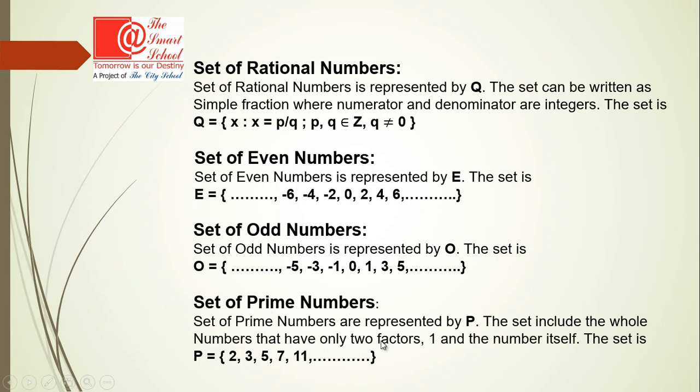Yes, set of prime numbers are represented by P, and the set includes the whole numbers that have only two factors, 1 and the number itself. The set is P is equal to, means prime numbers are equal to {2, 3, 5, 7, 11}. And one interesting thing, that 2 is the only even number which is part of the set of prime numbers.